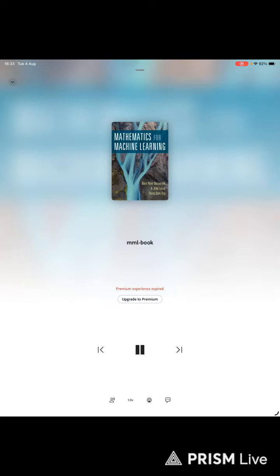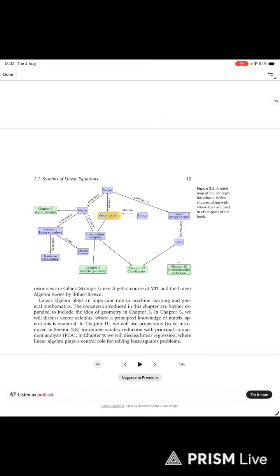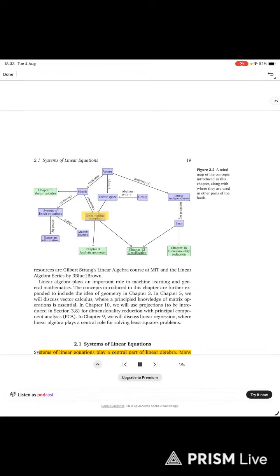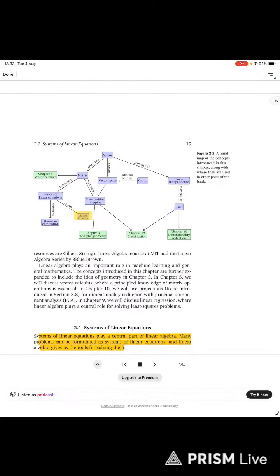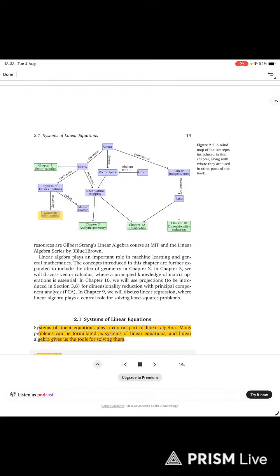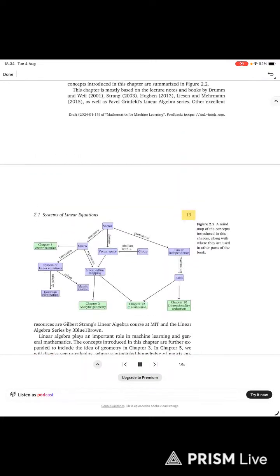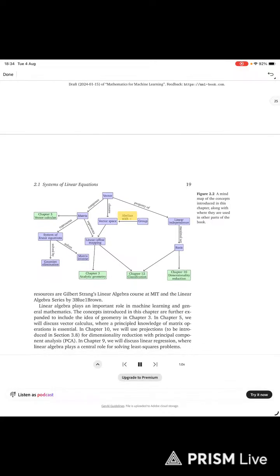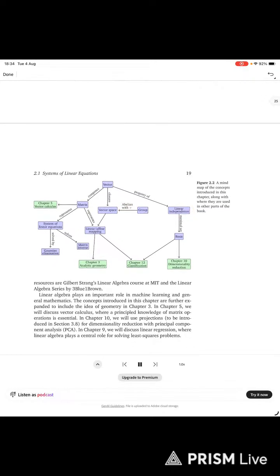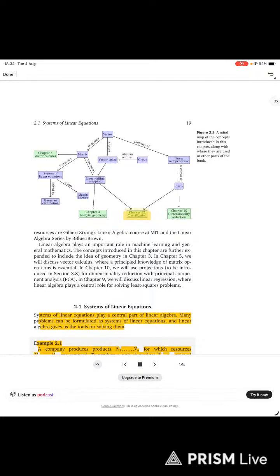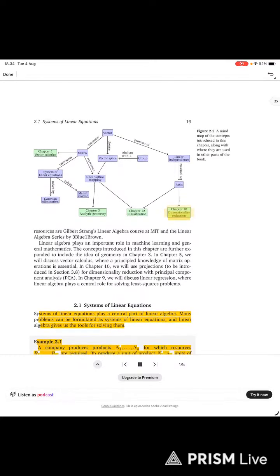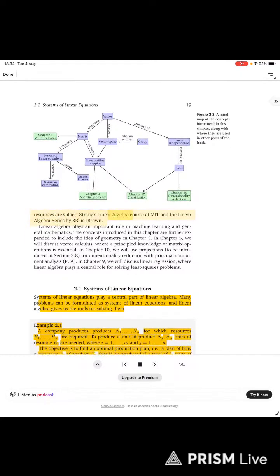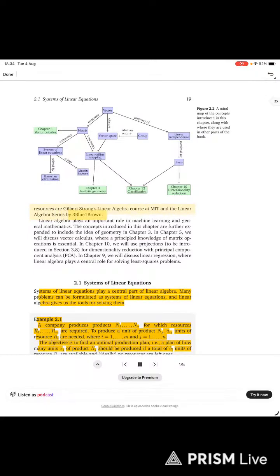Vector calculus, group, system of linear equations, vector space, linear, affine, solved by, mapping, matrix, inverse, Gaussian elimination, chapter 3 analytic geometry, vector, closure, abelian, linear independence, maximal set, basis, chapter 12 classification, chapter 10 dimensionality reduction. Resources are Gilbert Strang's linear algebra course and the linear algebra series by 3Blue1Brown.